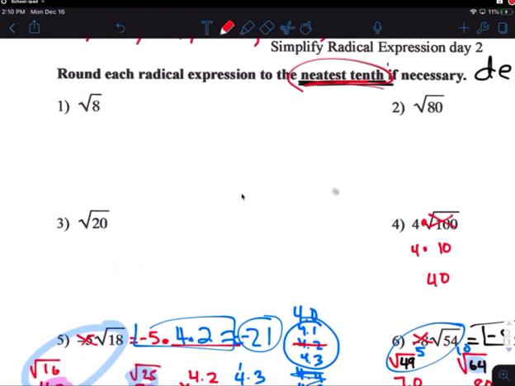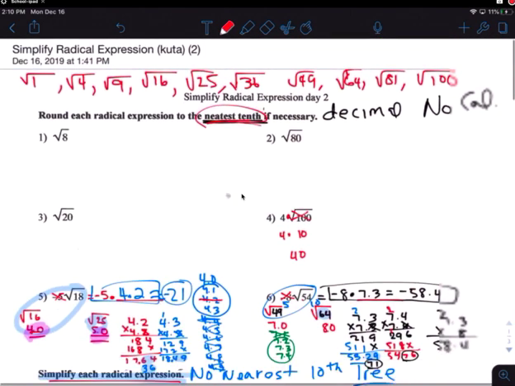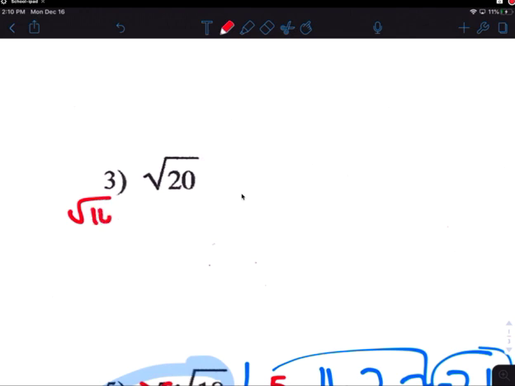Nearest tenth. So square root of 20 is between 16 and 25. So square root of 16, square root of 25. It's right in the middle. So you're guessing 4.4 to 5.0.